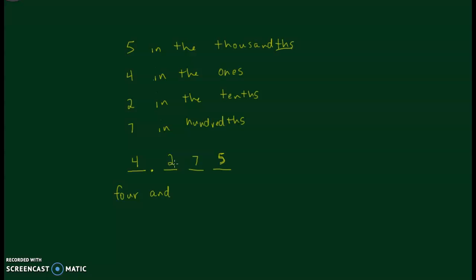And in this case, it's 275. Then I look to see what the last place value is. In this case, it's the thousandths place. So then I write the word thousandths. So to read this number correctly mathematically, I would say 4 and 275 thousandths.